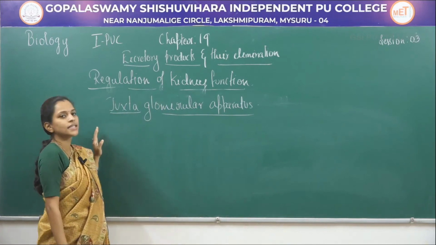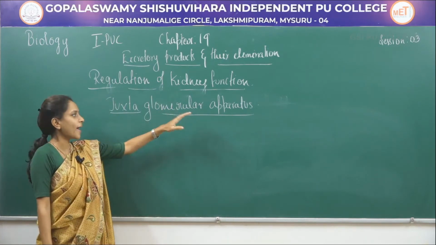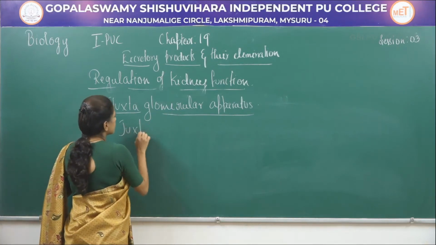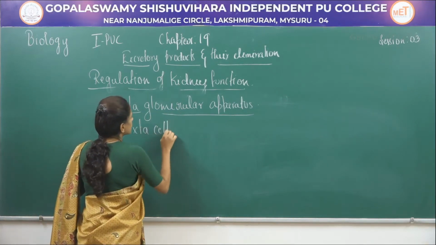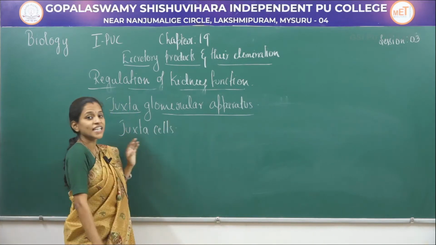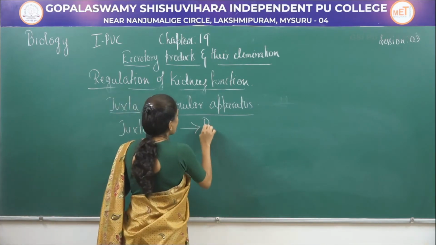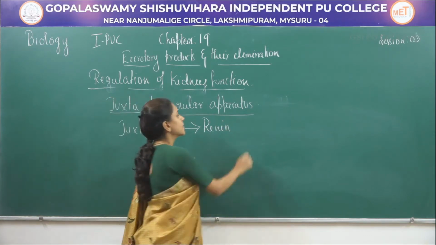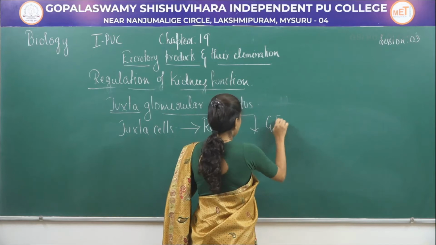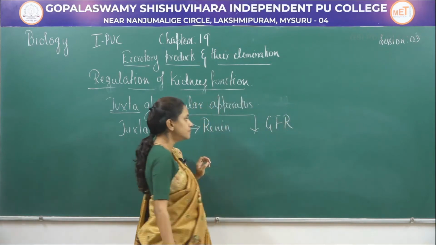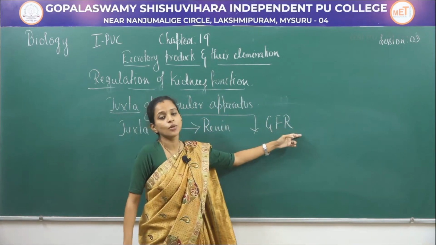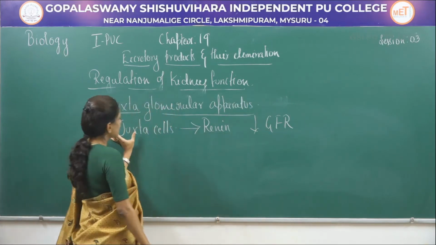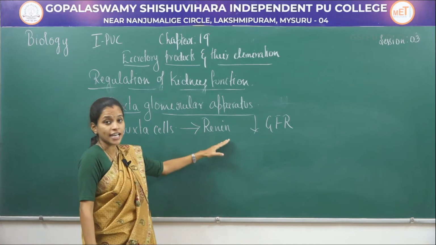The juxtaglomerular apparatus contains juxta cells which release renin whenever there is a drop in the glomerular filtrate rate. Whenever the glomerular filtrate rate gets below the normal level, the juxta cells of the kidney release renin.